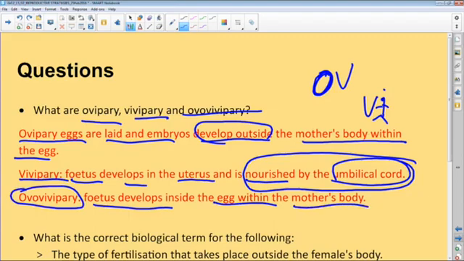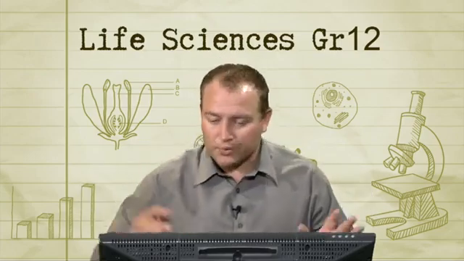It is not given any nutrients from the mom. Look here, O means it's got an egg, can you see it? And Vi, like you and me. OV means it's in an egg, and Vi inside the mommy. These are quite cool.